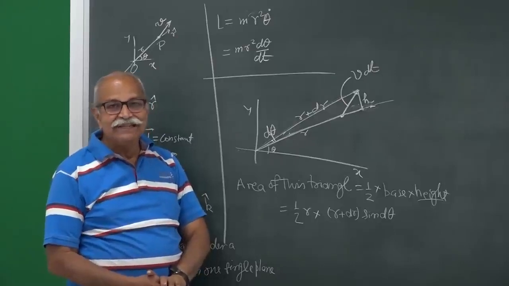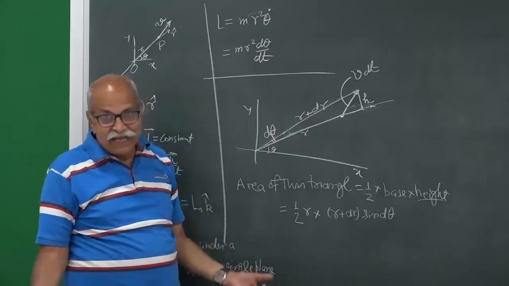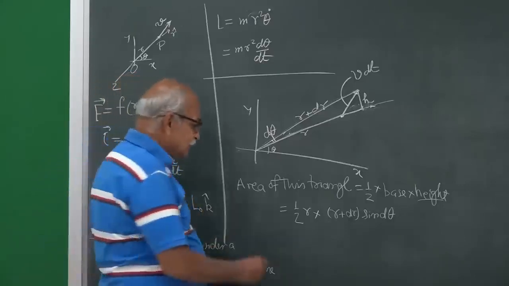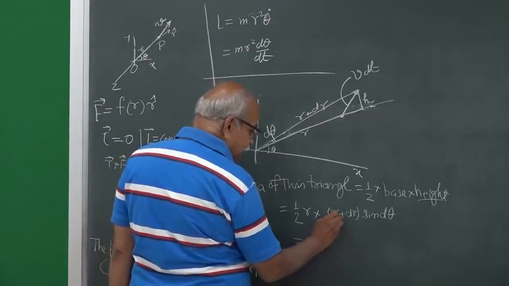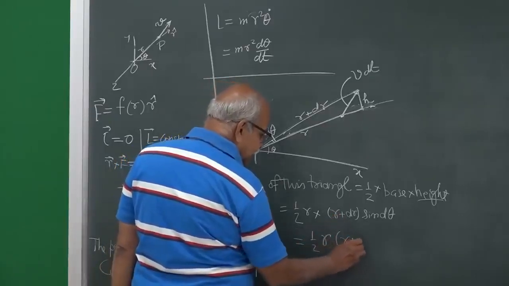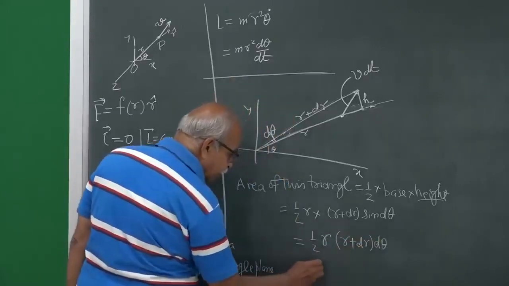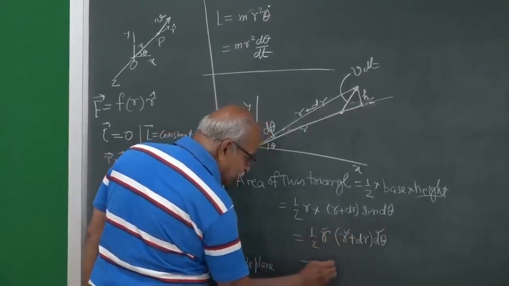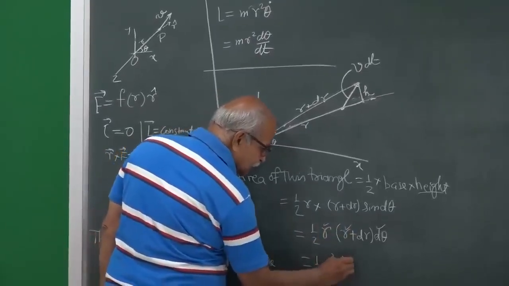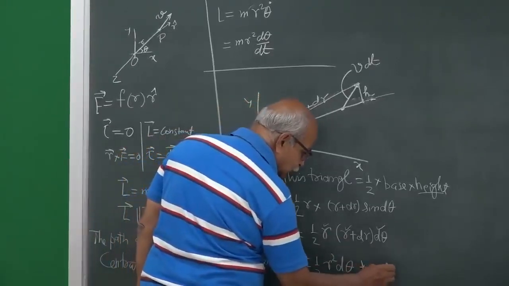But since the angle is infinitesimally small, sine d theta is the same as d theta in the limit. So this will be half into r into (r plus dr) into d theta, and that is half r square d theta plus half r dr d theta.